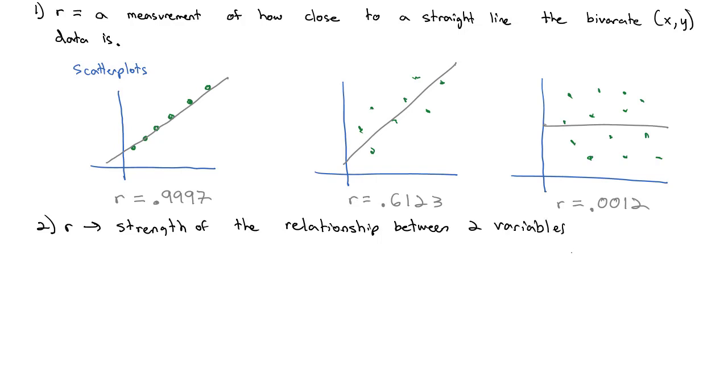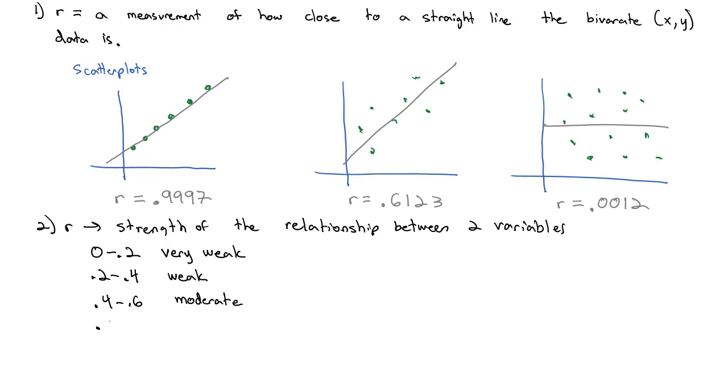And R is going to come in sets of 1/5 or 0.2. If R is between 0 to 0.2, we say it is a very weak relationship. If it's between 0.2 and 0.4, we're going to say that's a weak relationship. If it's between 0.4 and 0.6, we're going to say that's a moderate relationship, kind of in the middle.